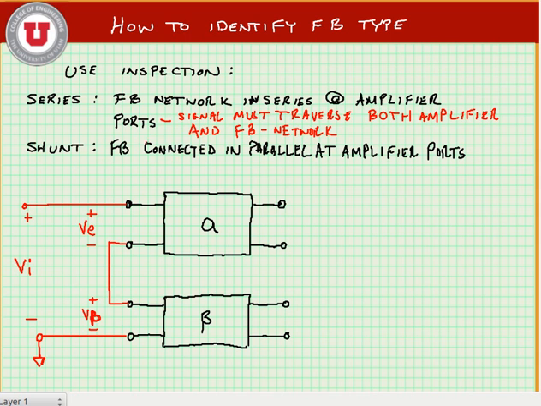Now, if our feedback is shunt, our feedback is connected in parallel at the amplifier ports and the feedback port. So what we say is our signal can traverse either the amplifier or the feedback network to get to ground.